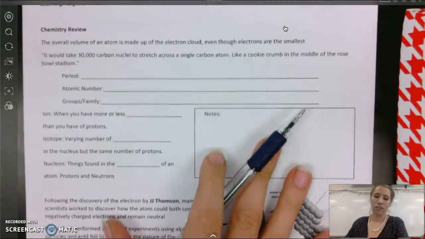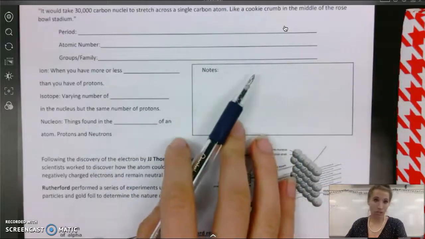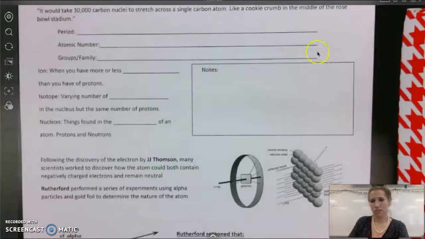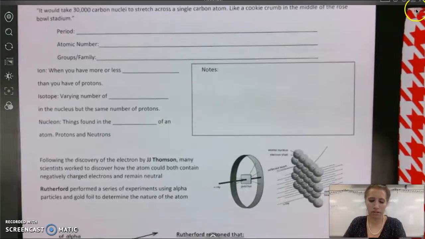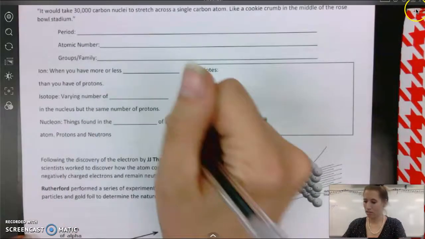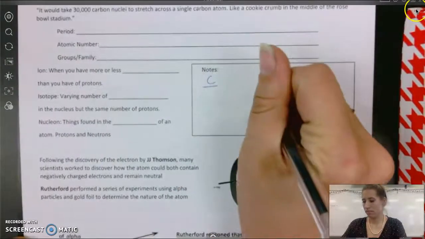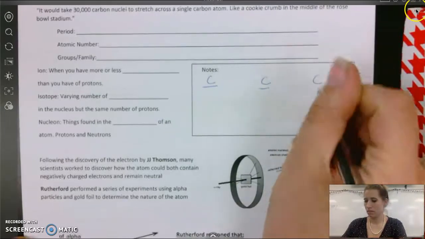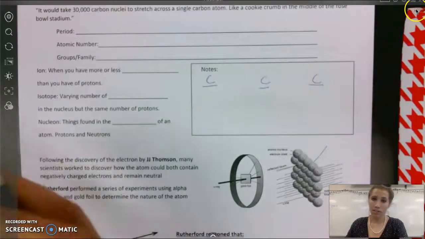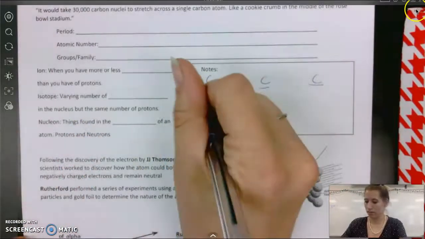Now, what if it's not a proton that is gained or lost? What if it's an electron or a neutron? Because those are our 3 subatomic particles inside of an atom. So let's look at carbon again. If I have 3 different carbon atoms, they all have 6 protons because that's the definition of a carbon atom.